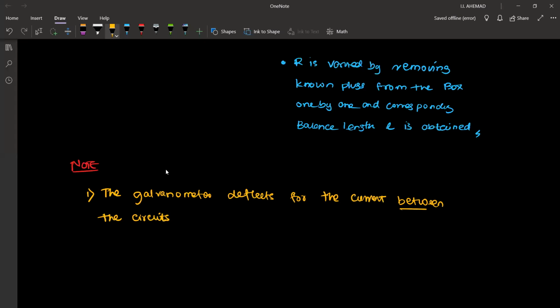Okay, between, not for the current separately in the circuit.